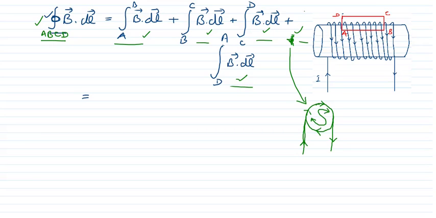It means the magnetic lines of force will enter here like this. And after entering here, these magnetic lines of force will travel inside the solenoid, and I will not discuss what you will see from the other end.